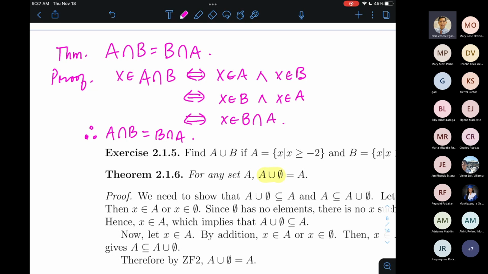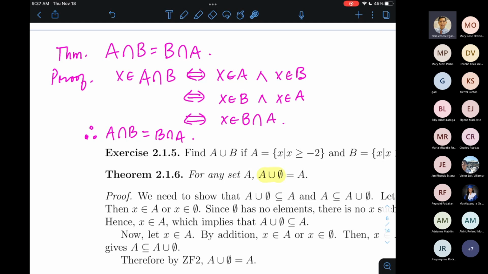So yung X element of A and X element of B ay kaparehas lamang or is equivalent to saying that X is an element of B and X is an element of A. So kung yung proof ng commutativity ng union ay nakaangkla dun sa commutativity ng OR, yung commutativity ng intersection ay nakaangkla naman sa commutativity ng connective na AND. Okay? So I hope that's an obvious result here.